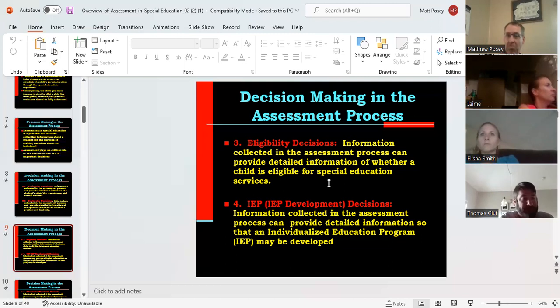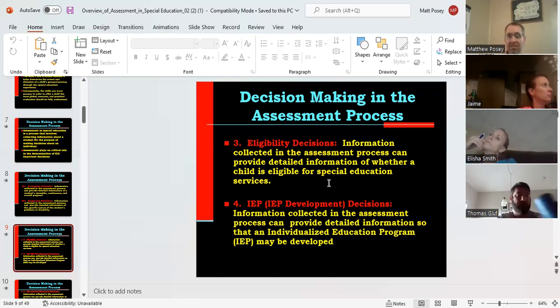Once it's determined whether there are enough discrepancies that they're going to qualify for that service, and depending on what test was given and what category of service you're looking at, then the IEP development decisions and process will take place. That's when it's determined, yes, the child qualifies, and we're going to move forward and write the individual plan.